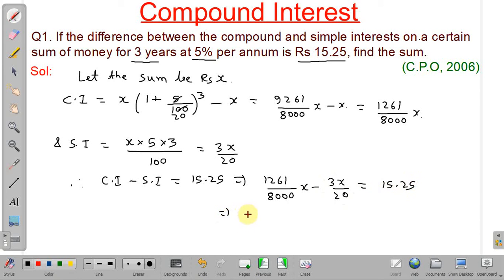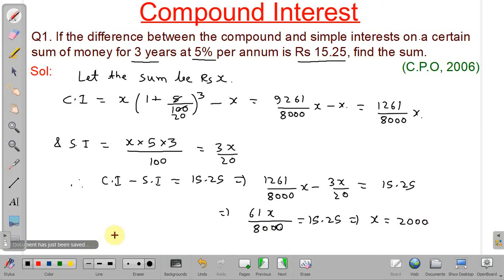So this will be equal to 61x divided by 8000, and it will be equal to 15.25. So x will be equal to 2000. Okay. So required sum is rupees 2000.